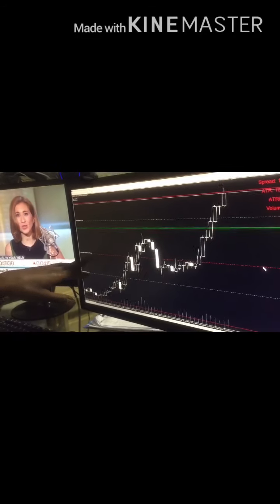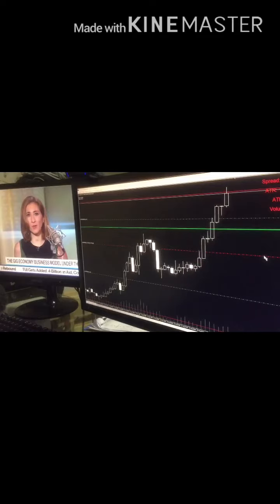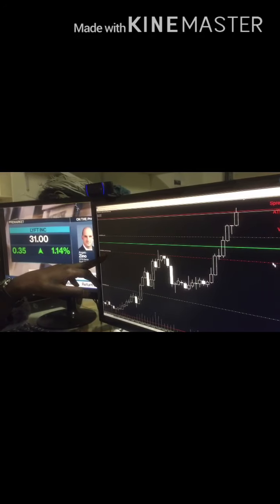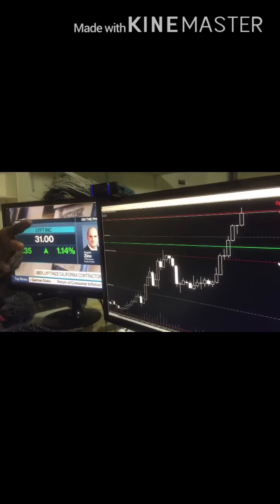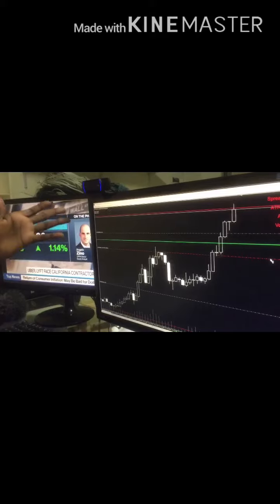Or it would be more than this. This is just because this lot size is a 0.1. So whenever I know that my stop loss is set for 25 on each and every trade I take, I know that all my losing trades will lose $25. That way I'm controlling my risk. I'm managing my risk management.